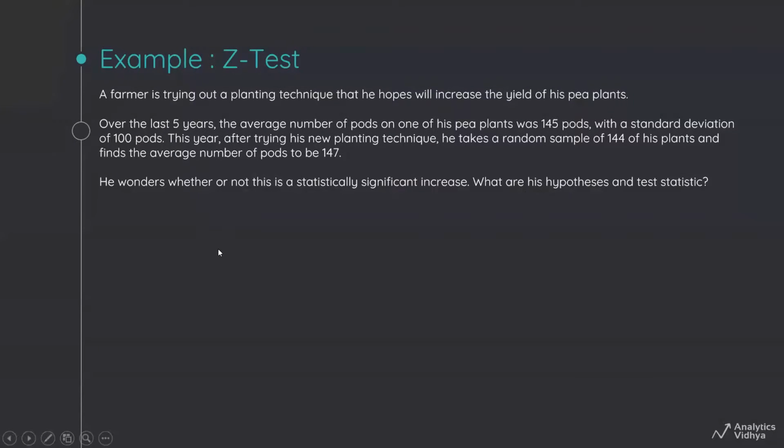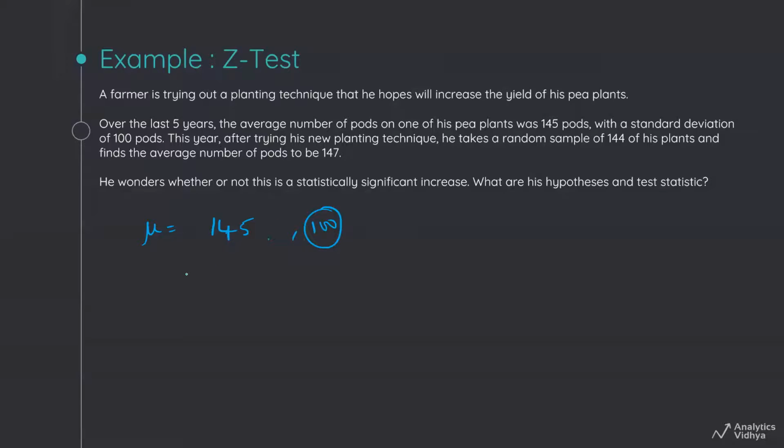Let's take another example here. Now this is an example of a one-tailed test. A farmer is trying out a planting technique that he hopes will increase the yield of his pea plants. Over the last 5 years, the average number of pods on one of his pea plants was 145. So his general assumption is that for each pea plant, the average number of pods that he finds is 145 with a standard deviation of 100.